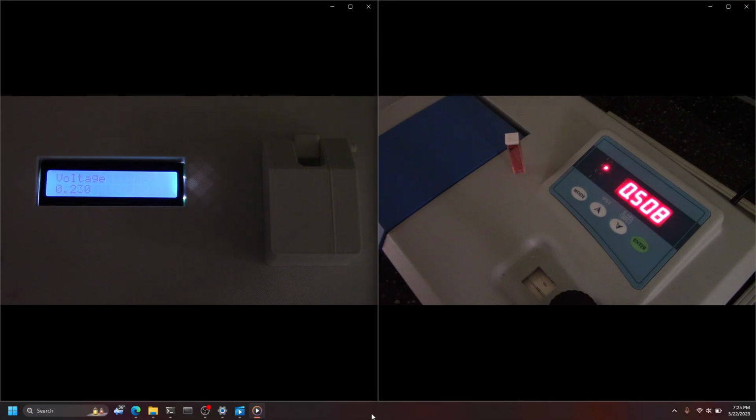Now, as we go through this, it is kind of hard to tell, but the red dye, that red cuvette, is slowly decreasing in concentration over time.